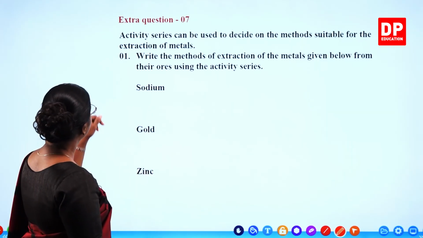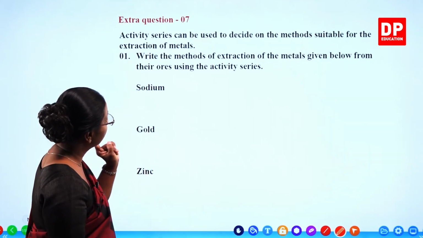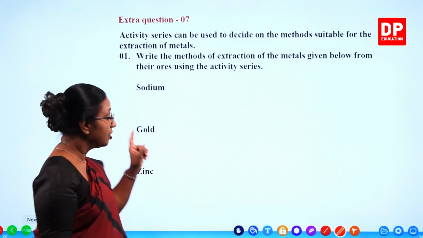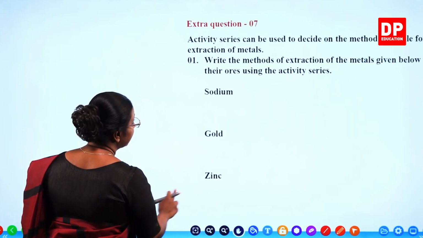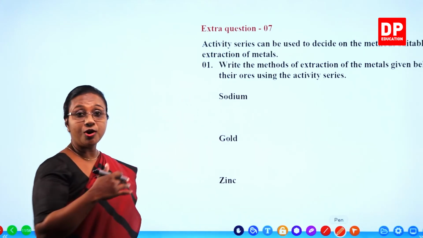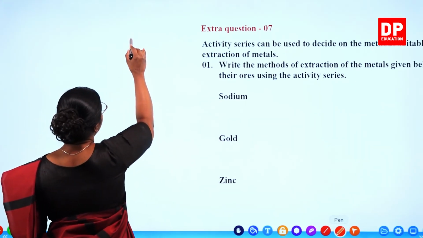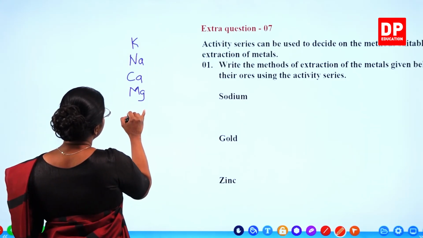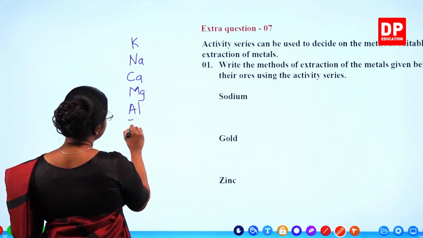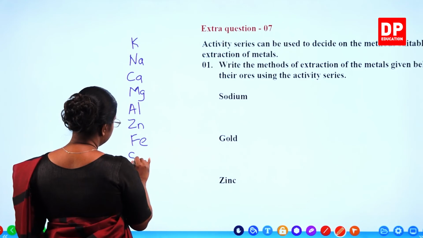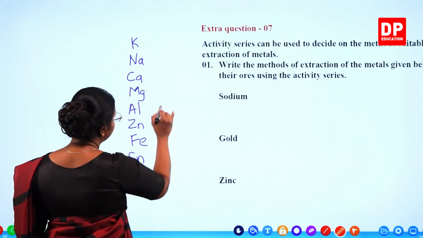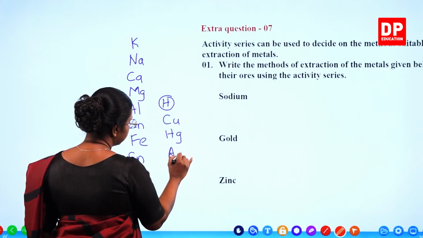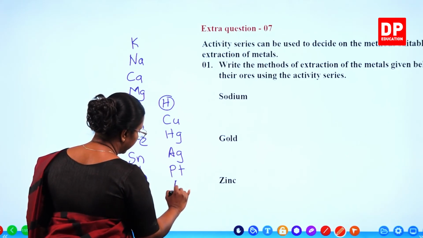You can remember that. So, the question: write the methods of extraction of the metals given below from their ores using the activity series. Because they say using the activity series, it is not a must, students, but I told you all the activity series. We will also write it down. Potassium, sodium, calcium, magnesium, aluminium, then we have zinc, iron, tin, lead, then we have hydrogen, after that we have copper, mercury, silver, platinum and gold.